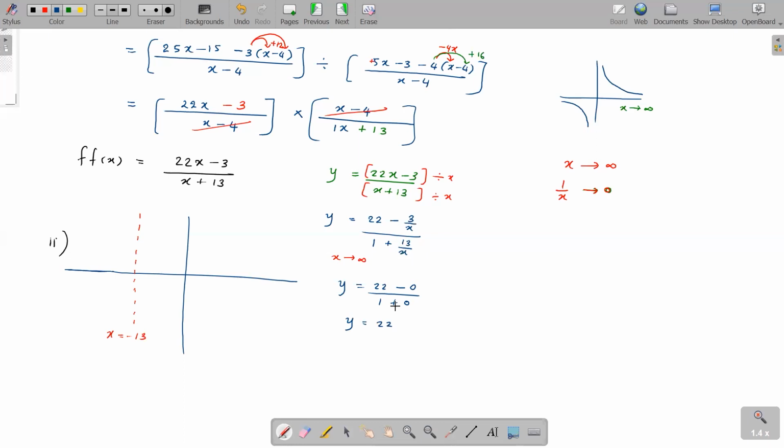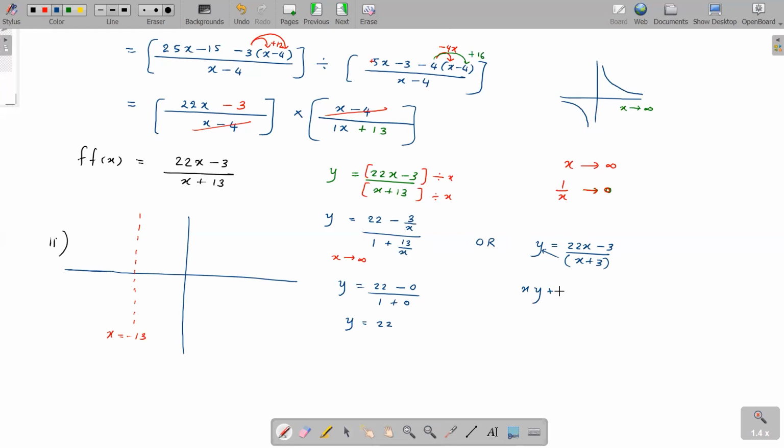Either you could do that, or you could do the thing we did earlier, where I made x a subject. So any of these two methods are fine. This method is shorter, where you can get the asymptote really fast. Or else you can take x plus 3 to the other side. This is the alternative.